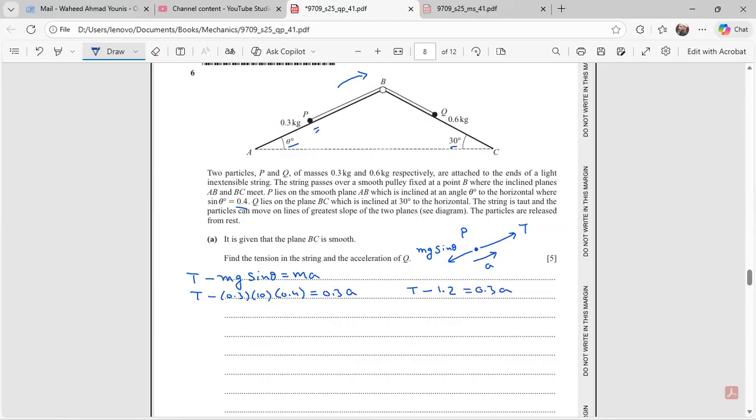Now look at the second object, Q. It has one downward force, which is mg sine of 30 degrees, right? This angle is 30 degrees. And the upward pull is the tension, the same tension which is in this string.